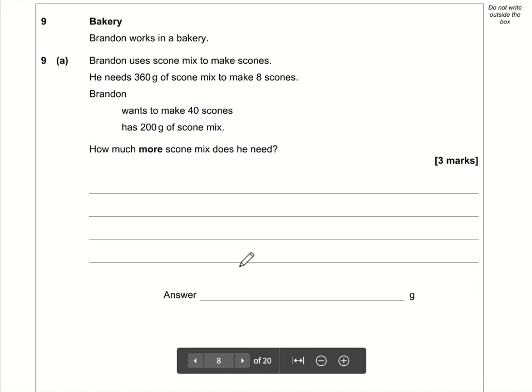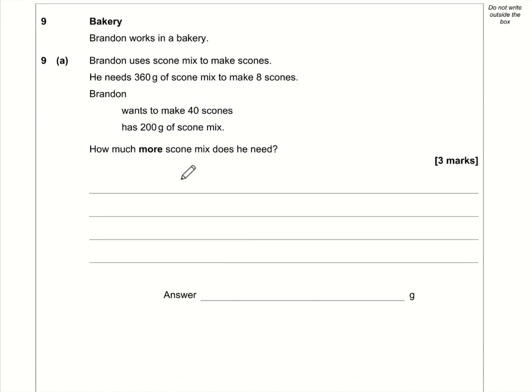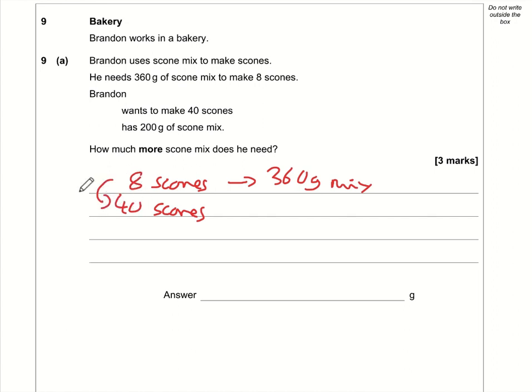On to question number 9. So we know that for 8 scones we need 360 grams of mix, but Brandon wants to make 40 scones, so we just need to work out how many times greater than 8 is 40. Well, 40 divided by 8 is 5, so basically we are just multiplying this whole recipe by 5.